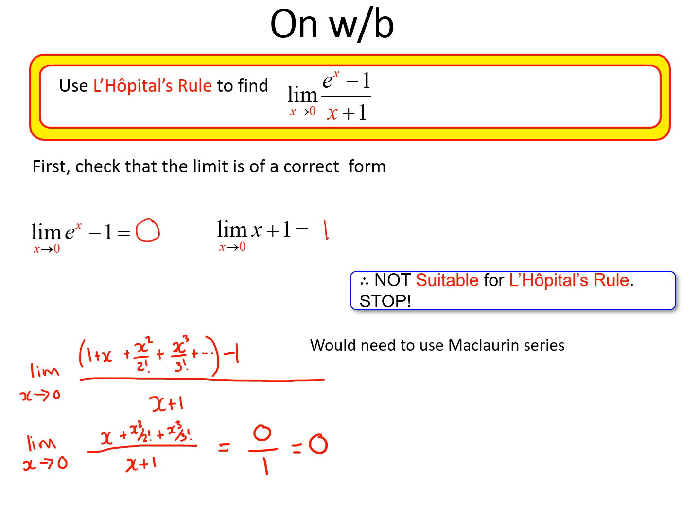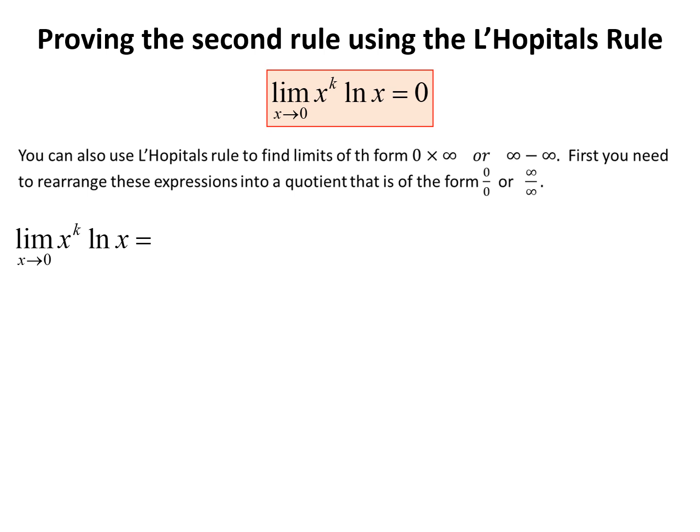I wonder if you got that one. So here's a rule. There were two rules. One you proved with Maclaurin, and this one we're going to prove with L'Hopital. You first look at it a bit like the last example.